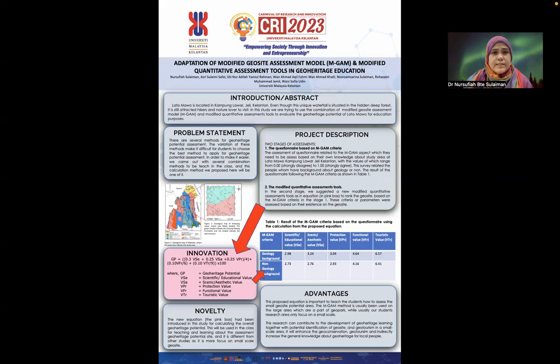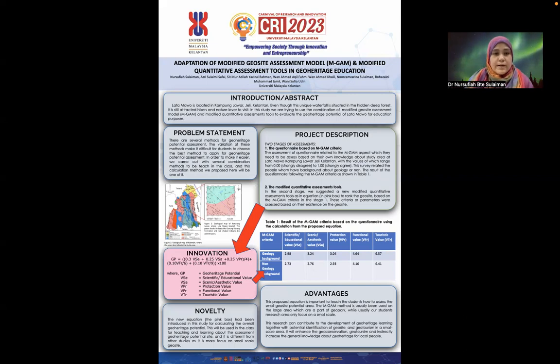In order to make it easier for students to identify which method is good enough for their study or class project, we came out with several combination methods to be taught in the class. These calculation methods and modified quantitative assessment tools, based on the equation here, are what we propose as one of the combination methods.